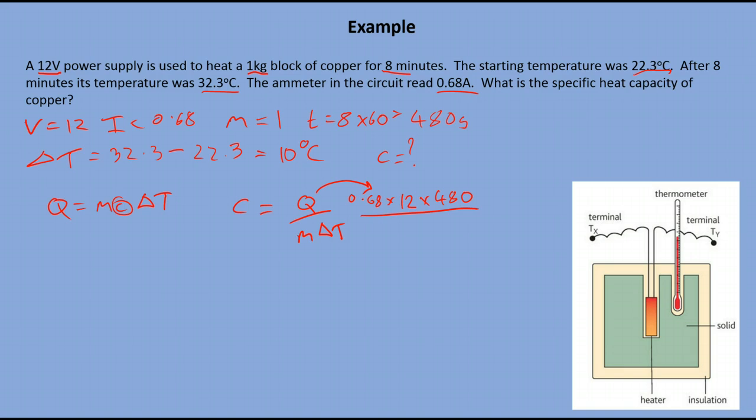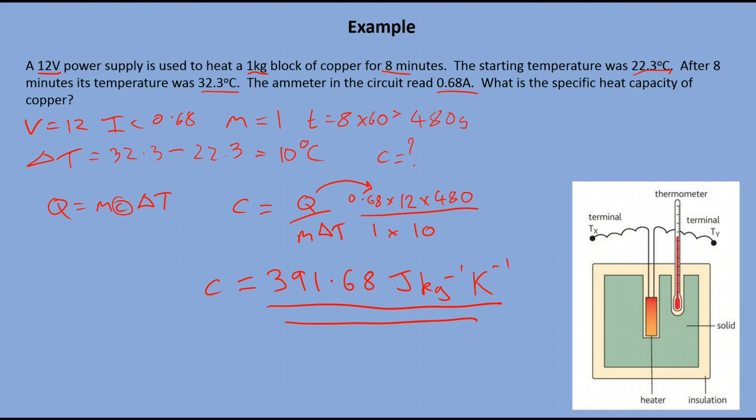Then I substitute m on the bottom for 1 times my delta T of 10. Plugging my numbers into my equation, I get that the C for this particular material is 391.68 joules per kilogram per Kelvin. And it's as simple as that.